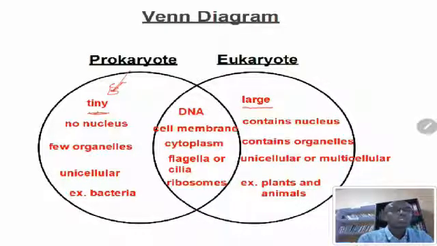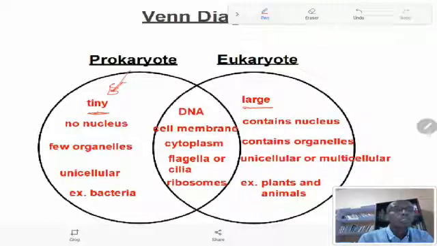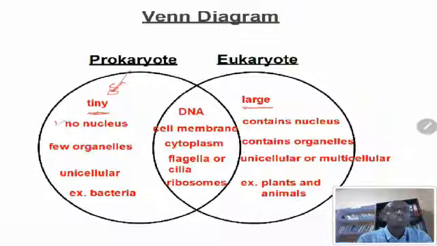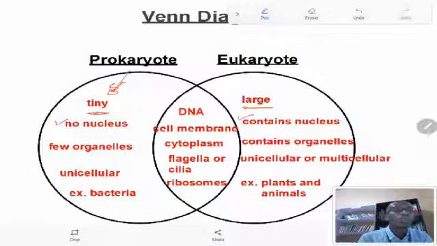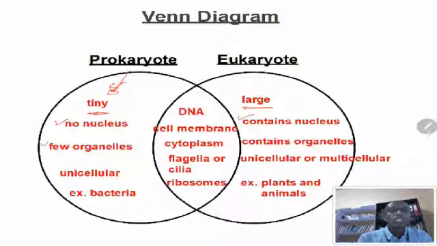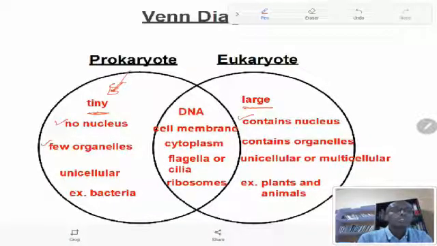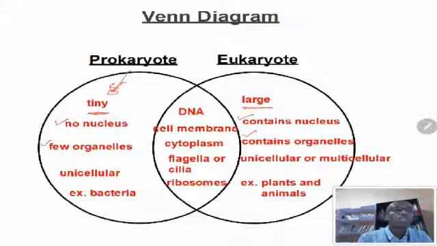In terms of size, prokaryotic cells are smaller than eukaryotic cells. Prokaryotic cells do not have a nucleus, while eukaryotic cells contain a well-structured nucleus. Prokaryotic cells have very few organelles, but eukaryotic cells do have many organelles.